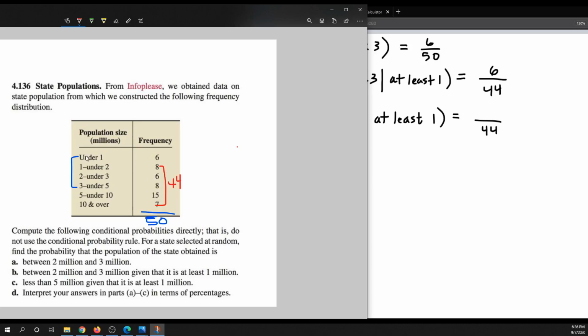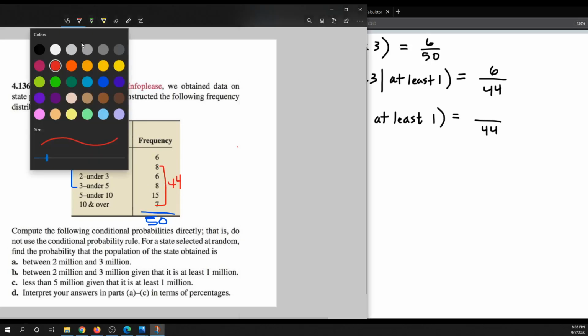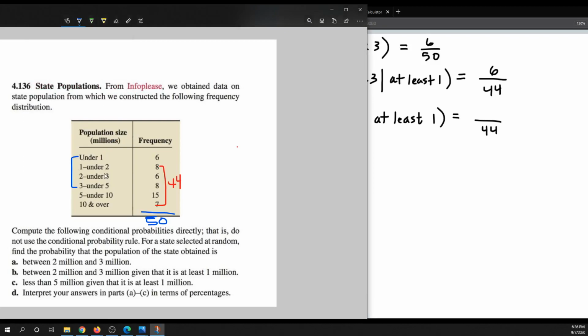And here, what we want are all of the states that are less than 5 million, in here, that are also in this set as well, that also have at least 1, right? And so that would not include this first one. That would include only these 3 right here, okay?